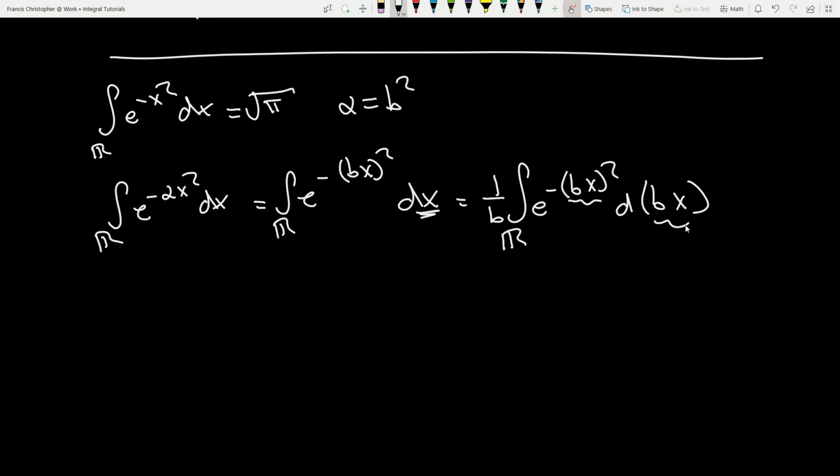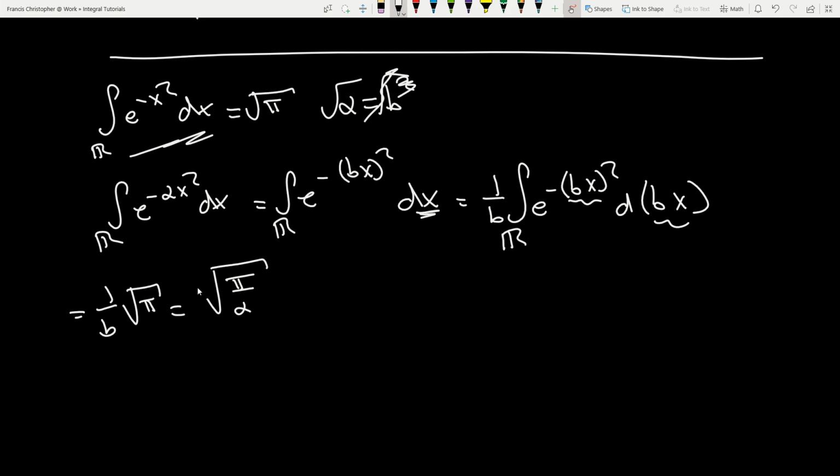And what's useful about this is that I'm just treating bx as its own variable now. So this is 1 over b. And we already know this is root pi because of this. And if b is the square root of alpha, we have square root of pi over alpha. So that's how we have that.